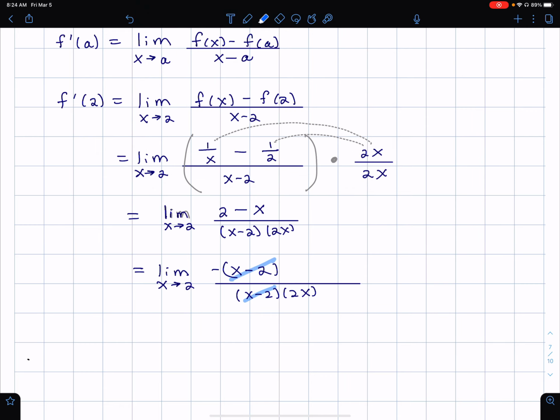And so there's cancellation. And so I have the limit as x approaches 2 of -1 over 2x. At this point, I can go ahead and plug in 2 for x, and I get -1/4.